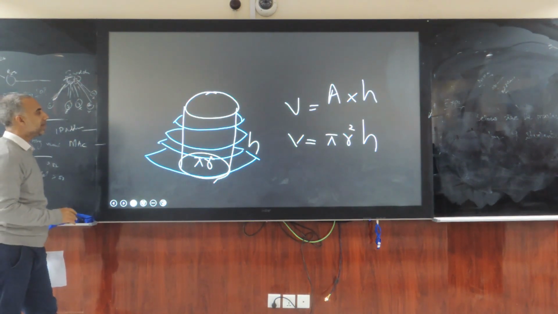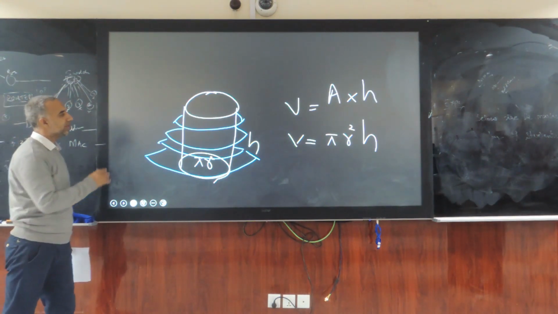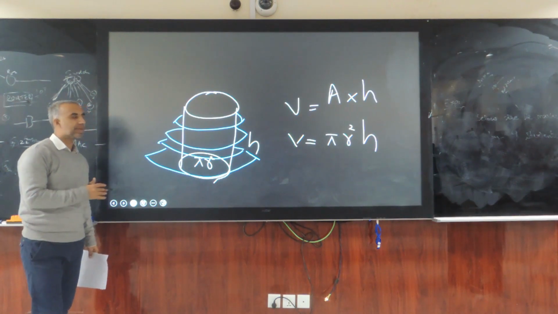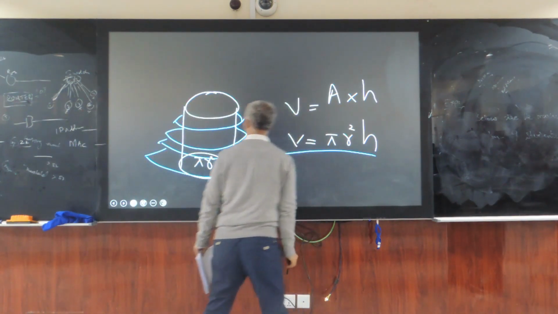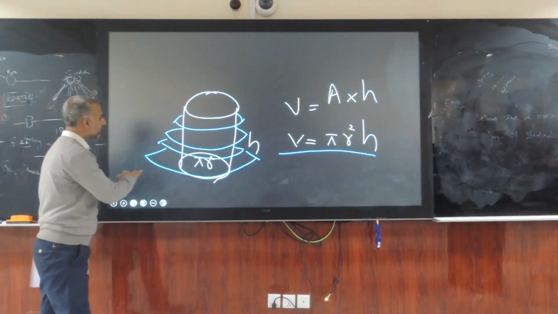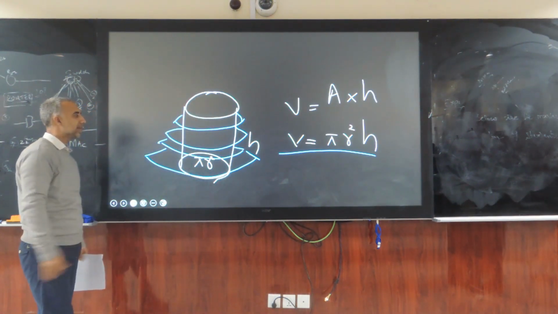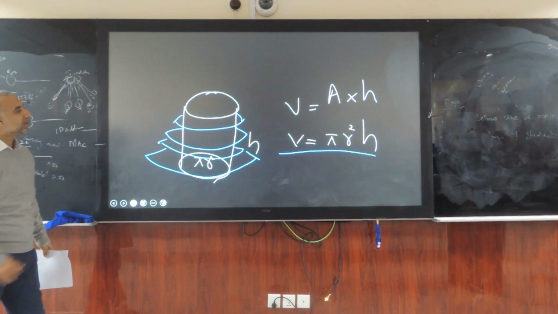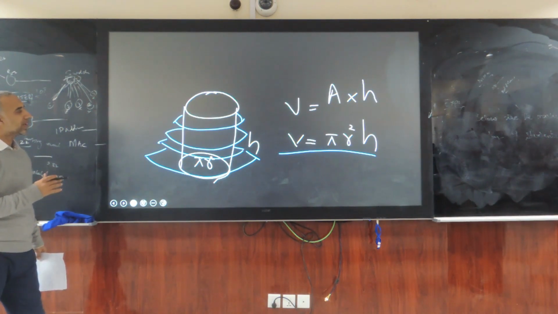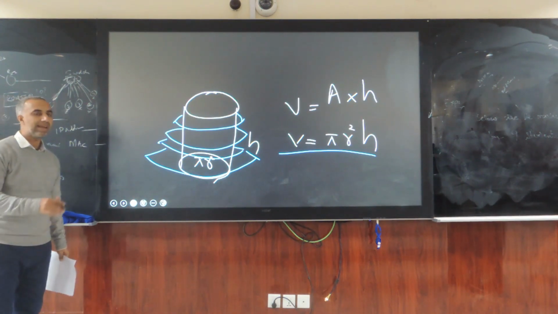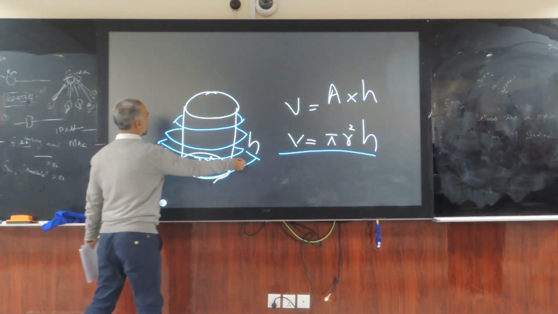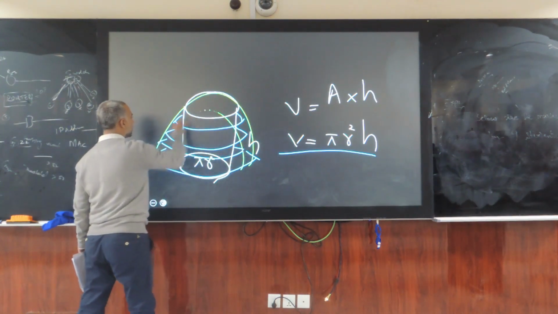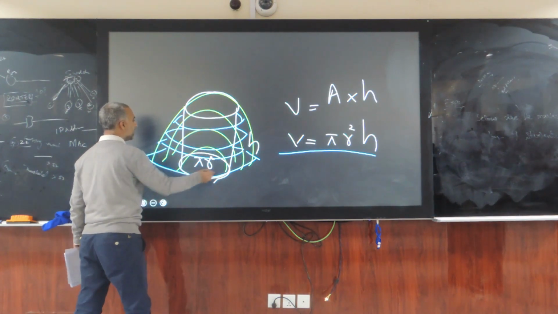This volume is not uniform, so it cannot be determined with the simple formula of a cylinder. So we need to slice up this volume of cylindrical nature in terms of shells. There are too many shells. For example, this one is the first shell, the inner shell, and so on, too many shells.